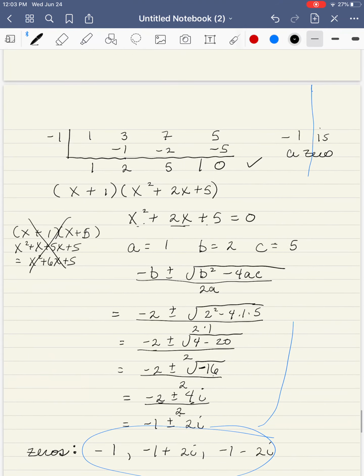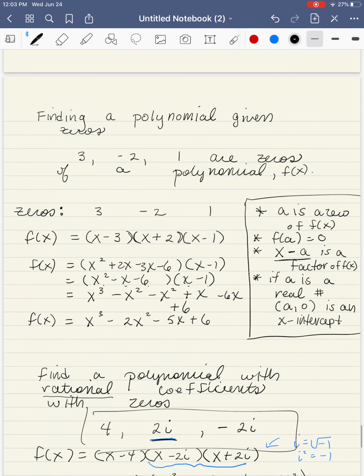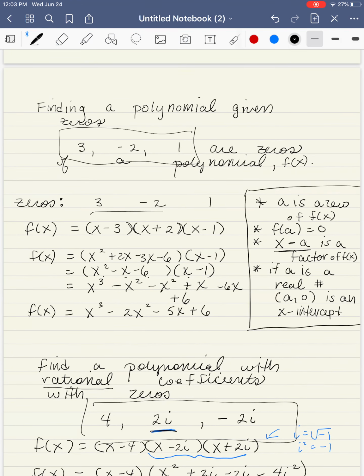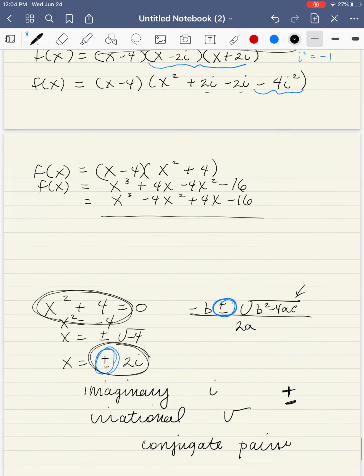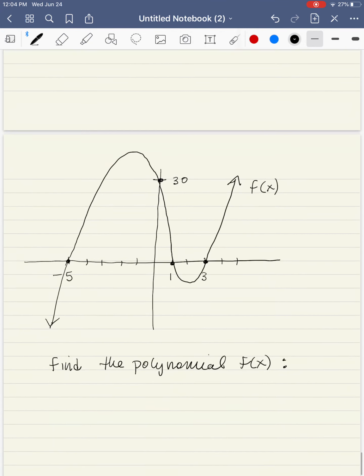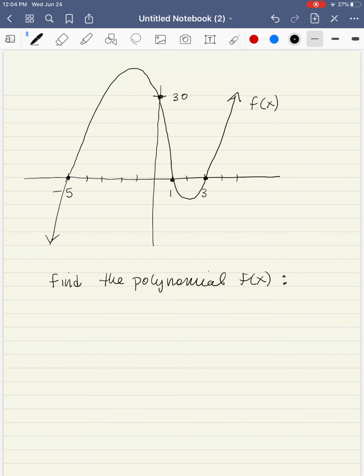In our previous couple of examples, we were given the zeros. We were given a list of zeros. We created our factors and we multiplied to get our polynomial. On this one, we're not given a list of numbers, but we know that if a is a zero and a is a real number, a comma 0 is an x-intercept.